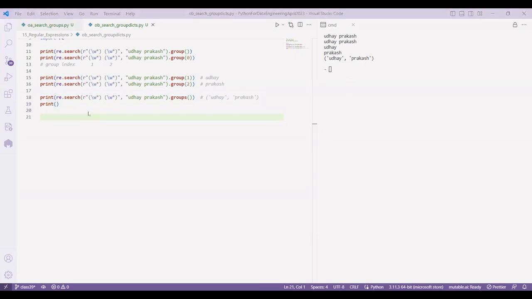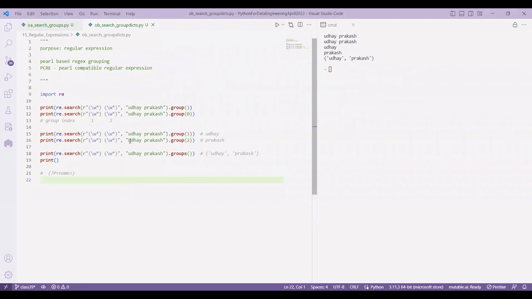There is a concept called pattern matching, and we should specify it like this. This is something very interesting. From now onwards, these are called Perl compatible regular expressions. Till now, whatever you learned is regular expressions.